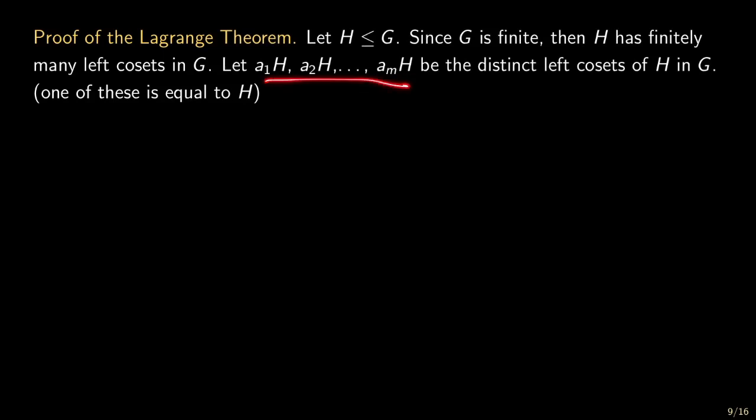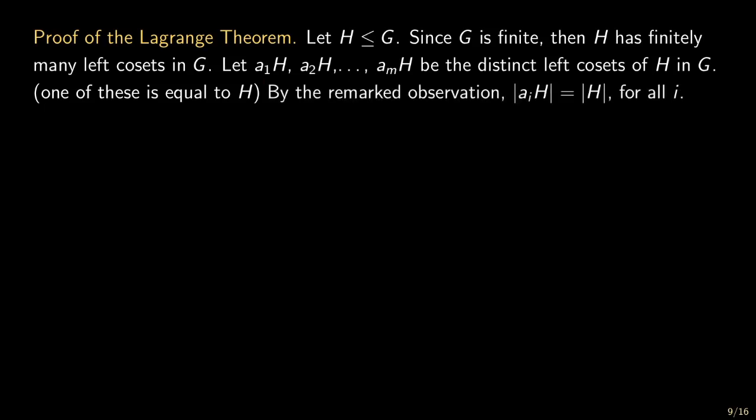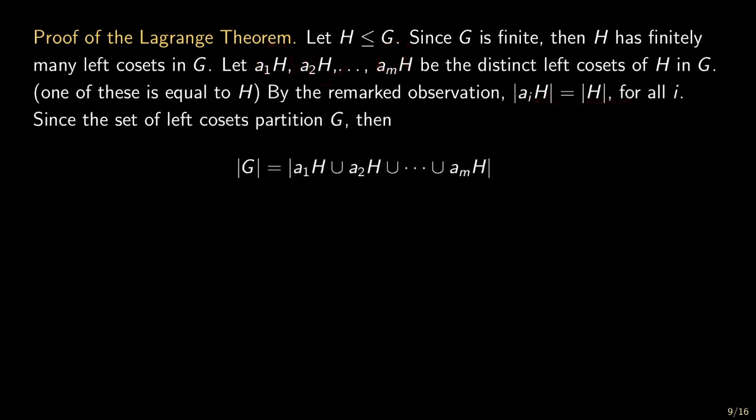Of course, one of these is equal to H. By the remark observation, kasing dami lahat ito ng H. Hence, because G is partitioned by these cosets, union siya ng mga cosets na to. So, yung number of elements in that union is the same as the number of elements in G. Partition nga. These are pairwise disjoint.